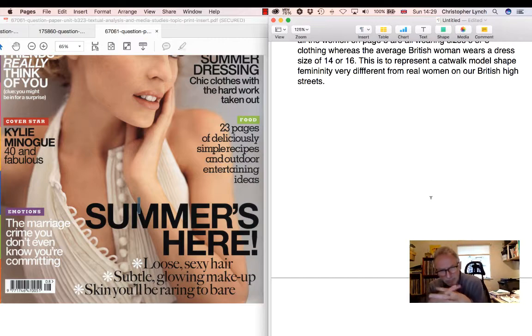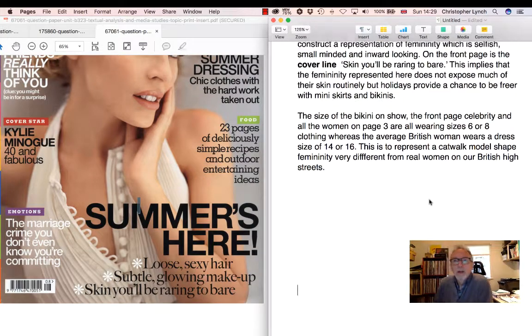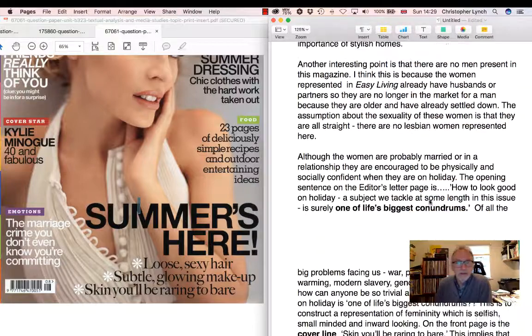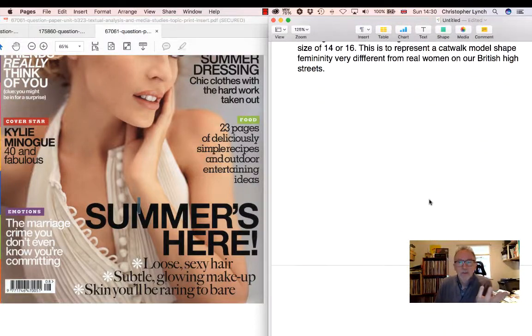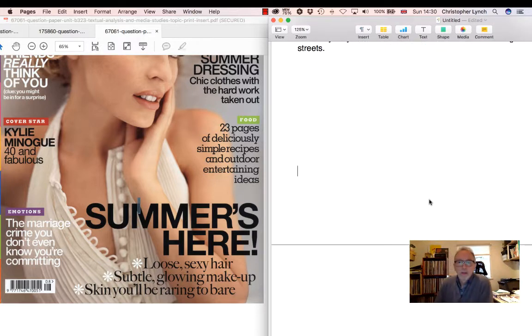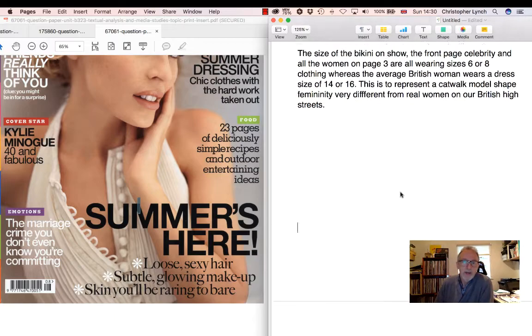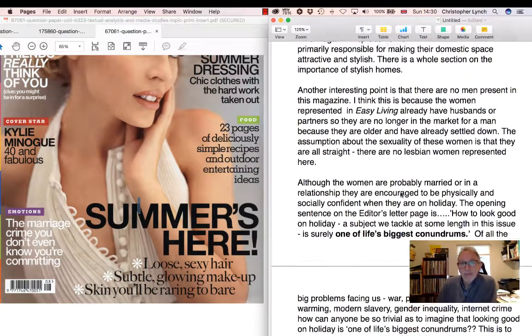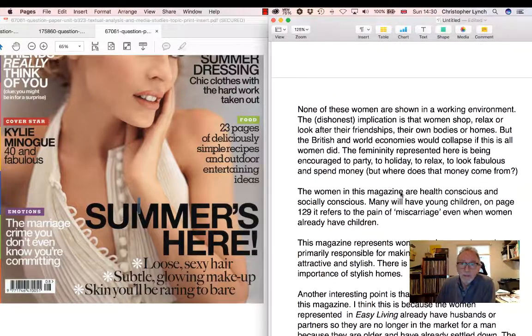There are no women who are very old, let's say. This is not addressed at empty nesters or the grey women. Neither is it addressed to millennial women. They're too young. They're not concerned with this. They don't have enough money to be able to have this kind of lifestyle for the most part.